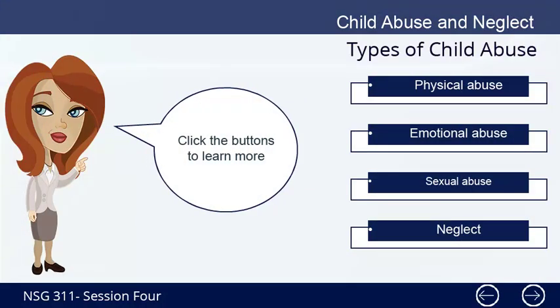Types of child abuse. There are basically 4 types of child abuse. 1. Physical abuse. 2. Emotional abuse. 3. Sexual abuse. 4. Neglect. 1. Physical abuse. The obvious signs are seen like bruises.